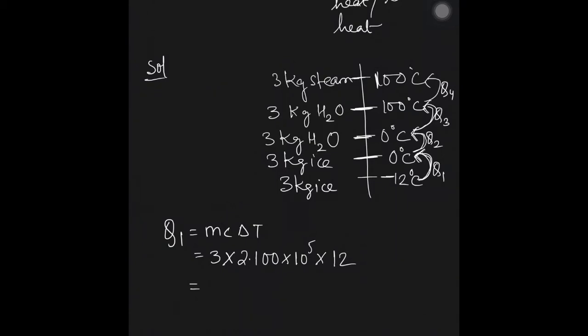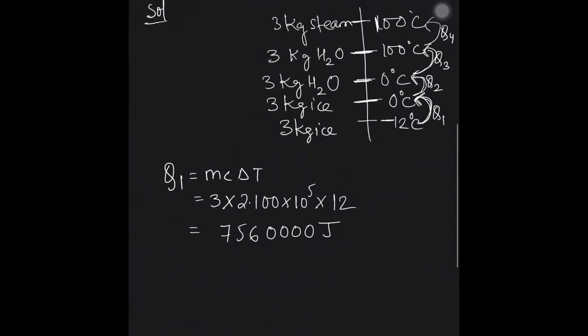So here I am getting 756 and 4 zeros, this much joule. So this is the heat given to take ice from minus 12 degrees C to 0 degrees C.